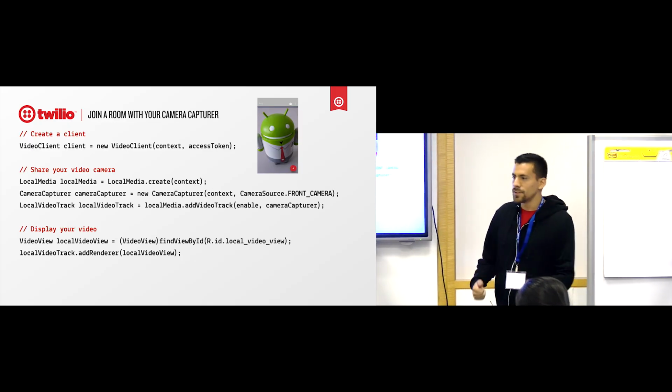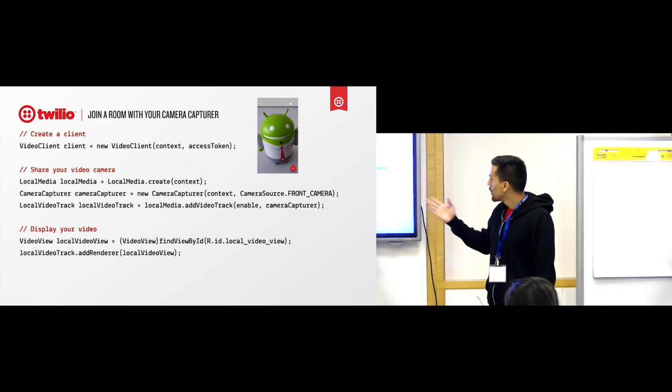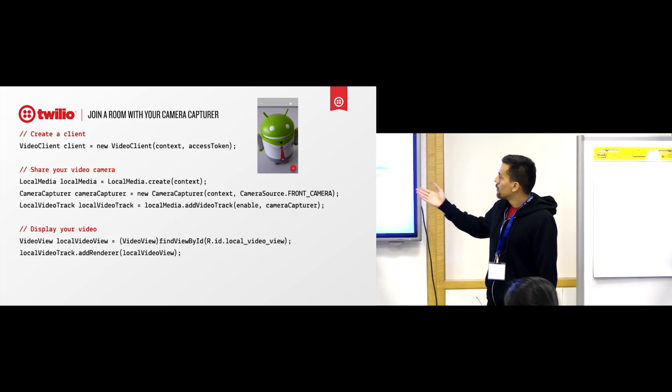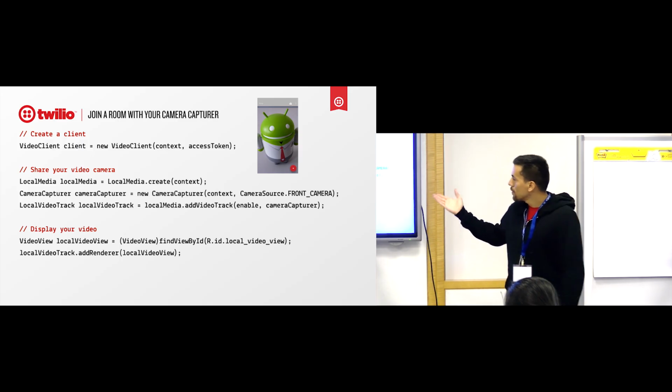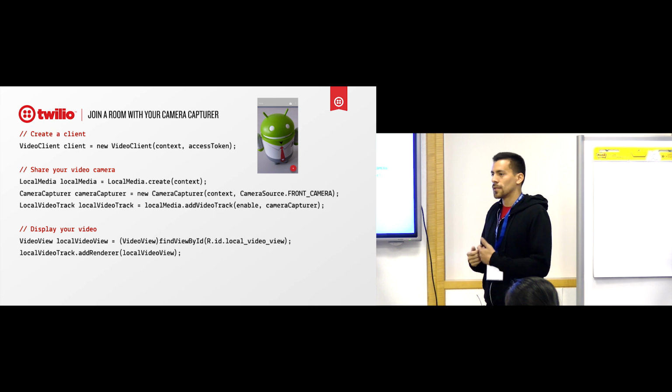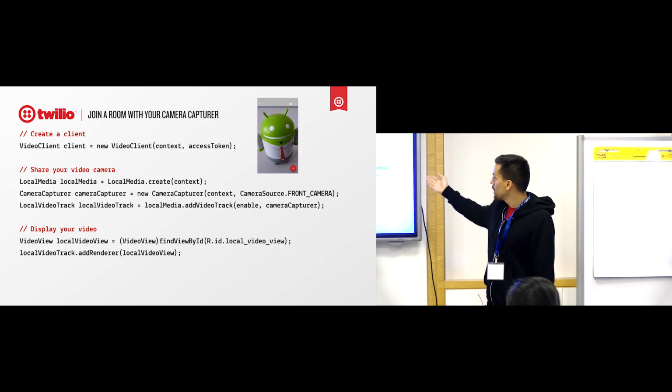So that first sort of demo I just did there, I want to kind of walk through what the actual code would look like. So the first thing you do is you create a video client, and in order to do that, you have to provide an access token, which allows us to have an identity. And next, you'll want to create a local media and instantiate a capture. So in this case, I'm saying, hey, give me the front camera and use it in this camera capture.